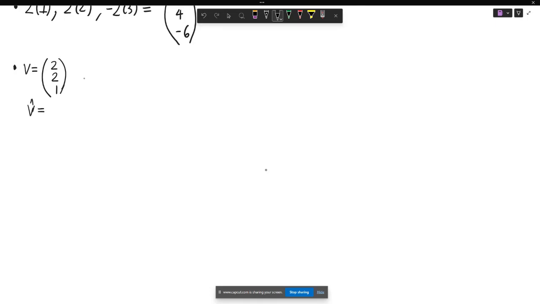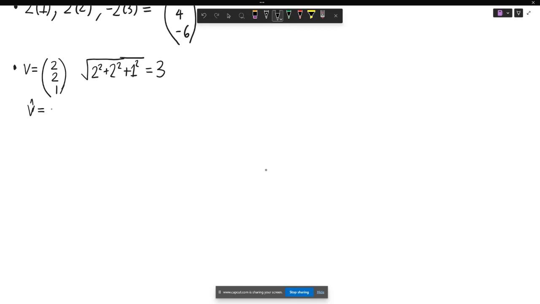There we go, Shay's come up with the solution there. So the square root of 2 squared plus 2 squared plus 1 squared gives us 3. That's quite nice. However, we don't want it to be 3, we want it to be 1.